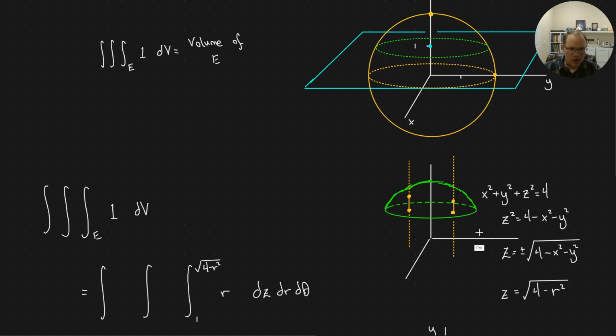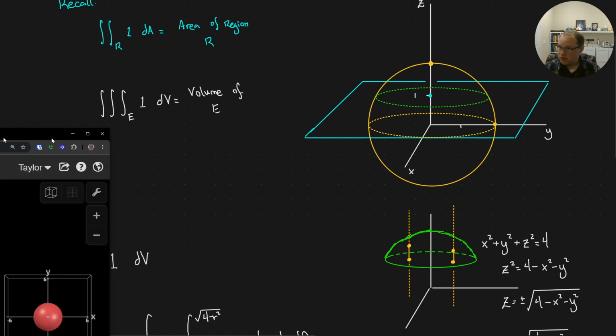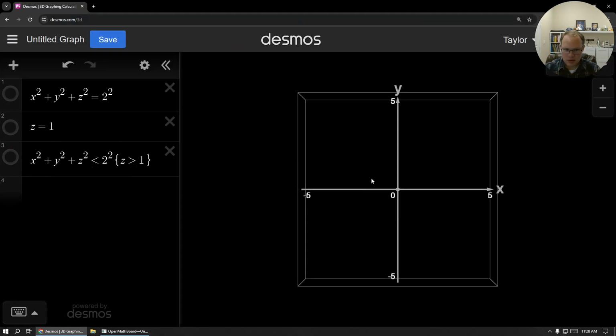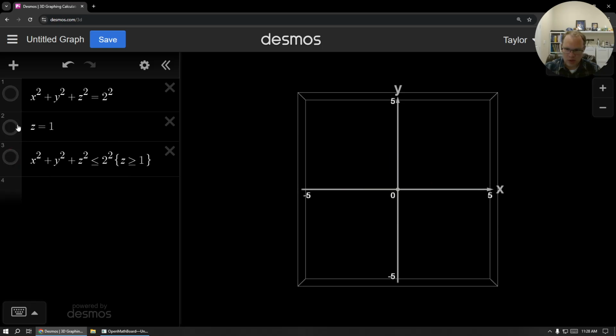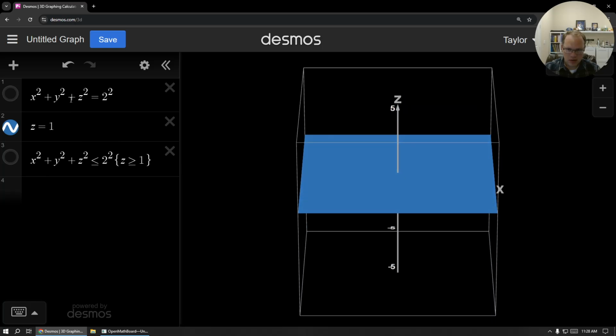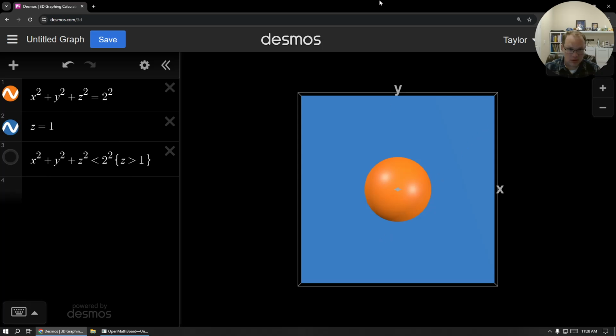And that's going to be where this plane intersected with the sphere. So that's where I want it, right? If I go back here, the edge of the circle is where this plane and the sphere intersected. Okay?